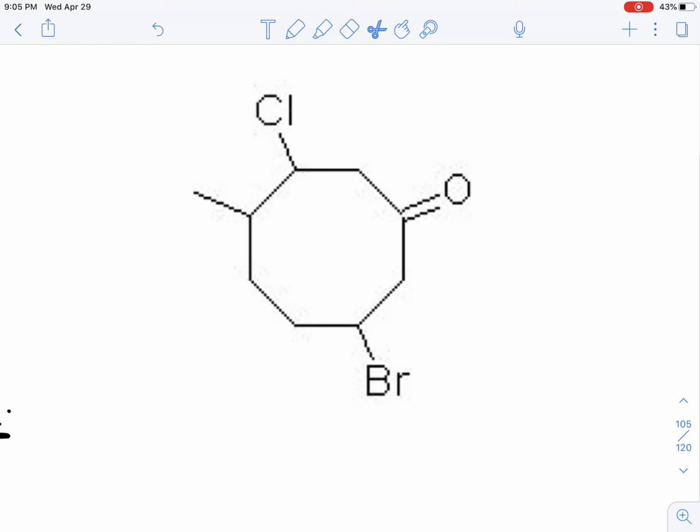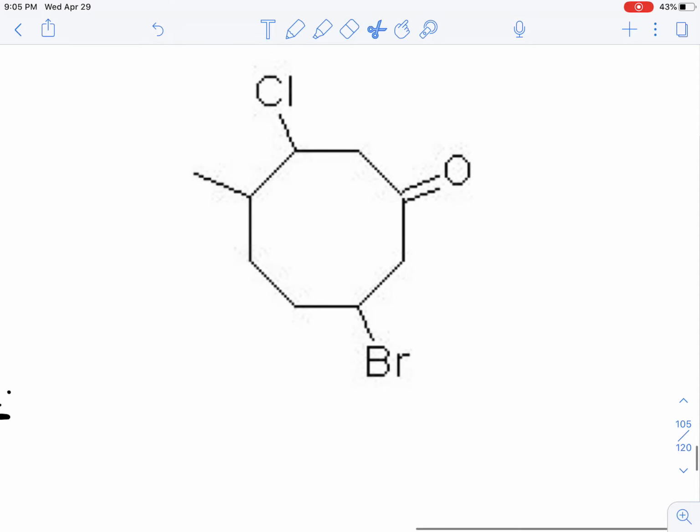Okay, so this one looks a little daunting, right? Because it's a big ring, and there's a whole bunch of substituents. So we need to figure out the correct numbering system: left, right, left, etc. So let's go ahead and start. So first and foremost, we need to count the number of carbons.